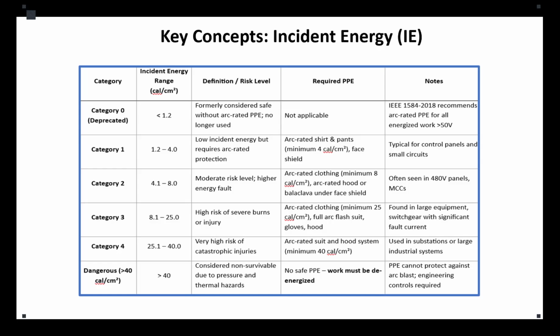There is no safe PPE, so work under that kind of incident energy level should be done in a de-energized state. There is no way that you can protect yourself against that level of incident energy.